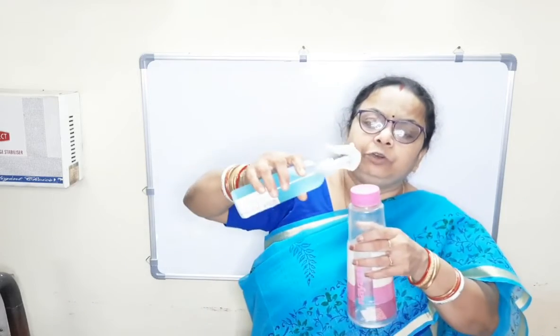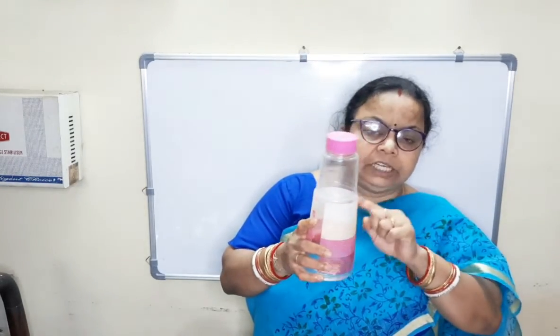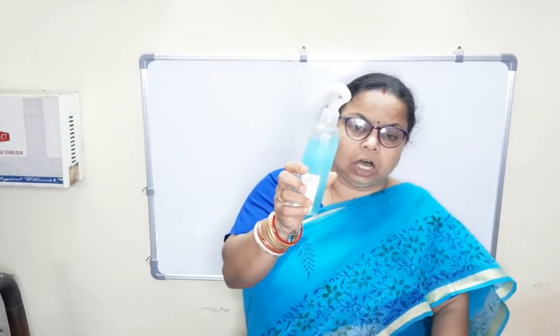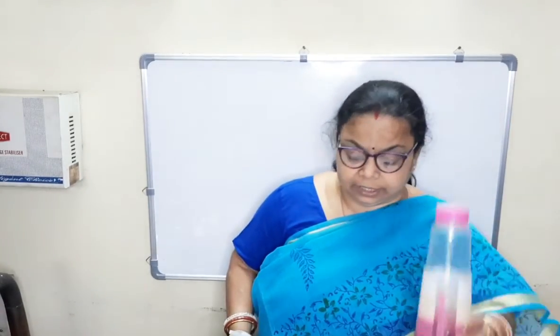Again I add 250 milliliter, then it is 1000 milliliter. That means 1 liter, the capacity of this bottle. So 1 liter is equal to 4 times of this bottle. Children, that means 250 into 4 times of this bottle is equal to 1 liter.